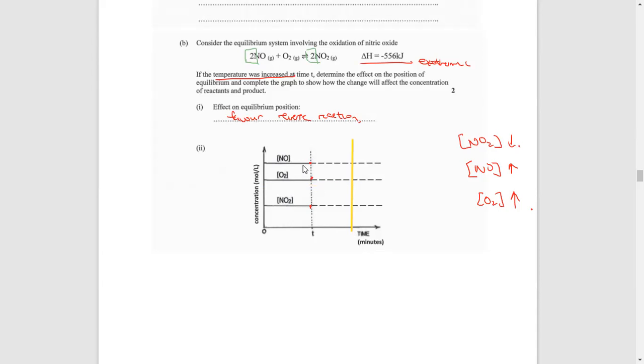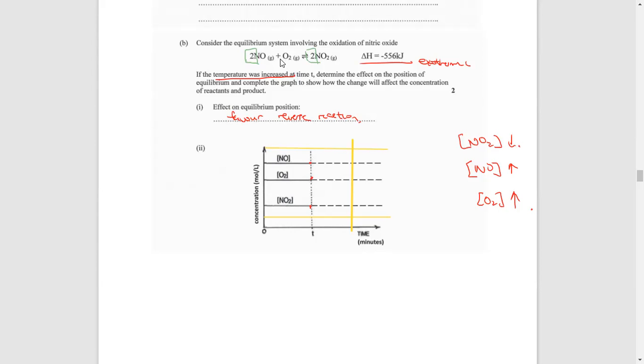Okay, so if NO2 is going to go down, and I'll use a thinner line, we'll probably make it go down by this much. Which then means NO, because it's also a 2, and both of these are 2, should go up by this much. So roughly there. And O2, being a ratio of 1, should go up, but by about half of that.